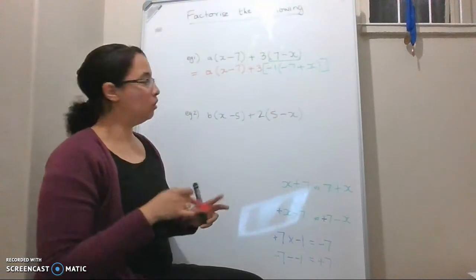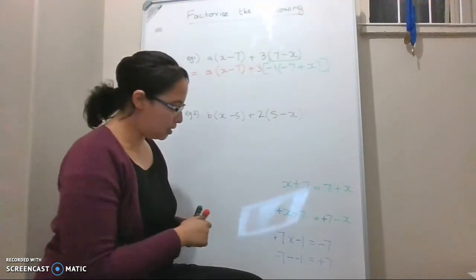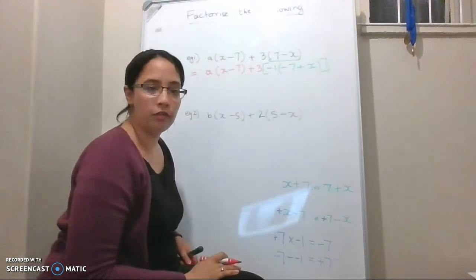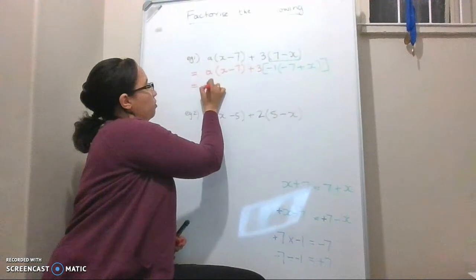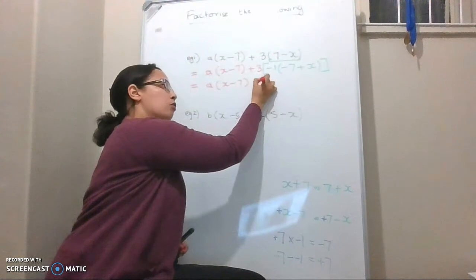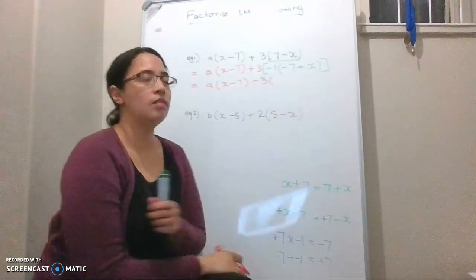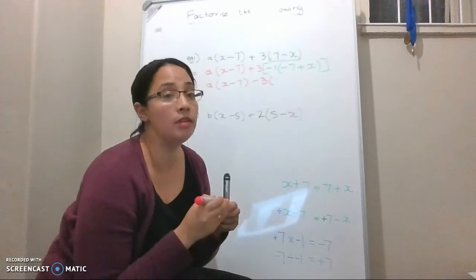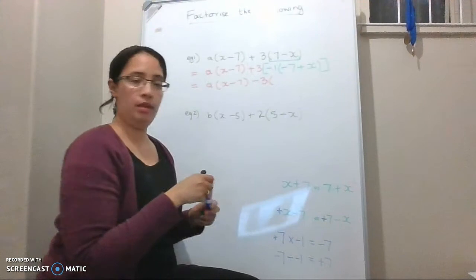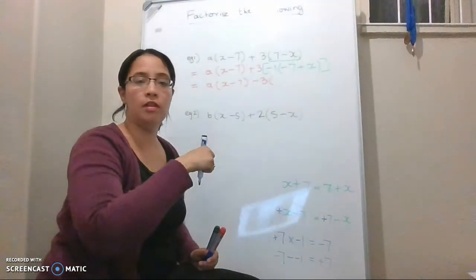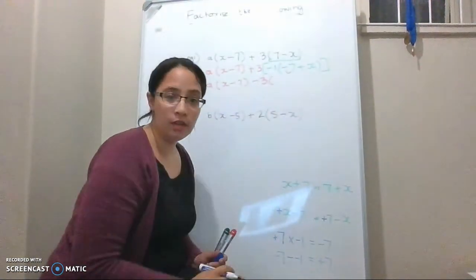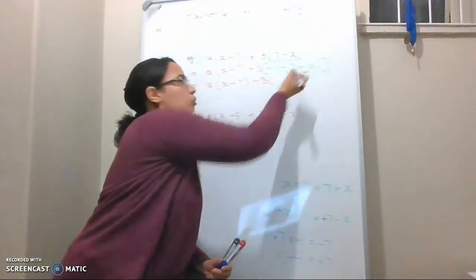Now I'm going to multiply positive 3 by this negative 1 in front of the bracket. So that's going to be a times x minus 7, then negative 3. Inside the bracket, I'm going to swap the terms. Remember, the sign in front of the term is attached to the term. So this sign goes with the 7 and that sign goes with the x.